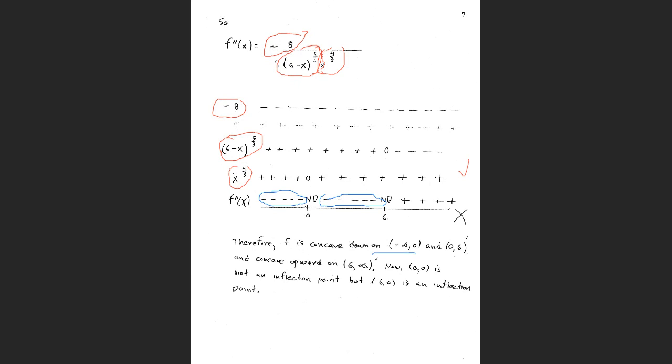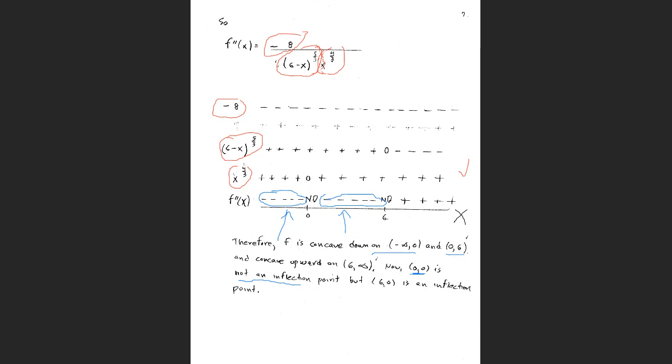And then the function is concave down on 0 to 6. That means that (0, 0) is not an inflection point because the concavity did not change.